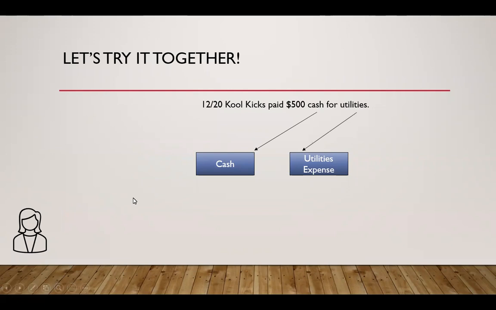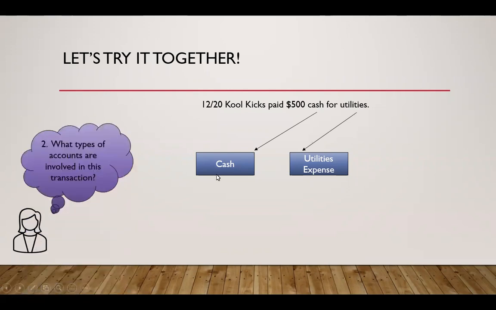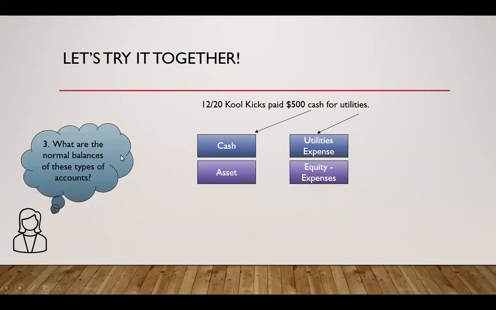Now, what type of accounts are we dealing with here? Cash is an asset, but expenses, of course, fall into that equity category. But we're listing this separately because, remember, expenses have a decreasing effect on equity. And that is going to affect the answer to my next question, which is the normal balance question.